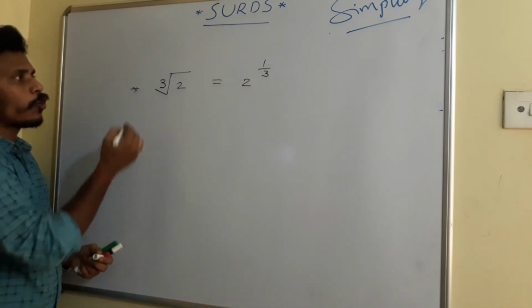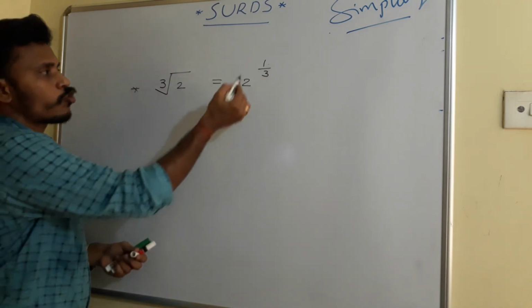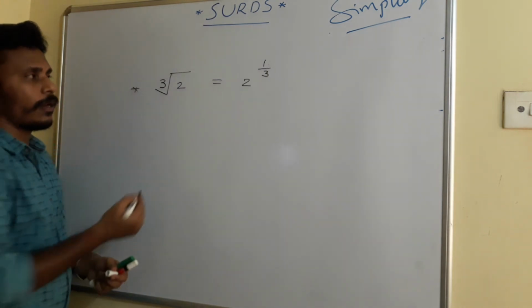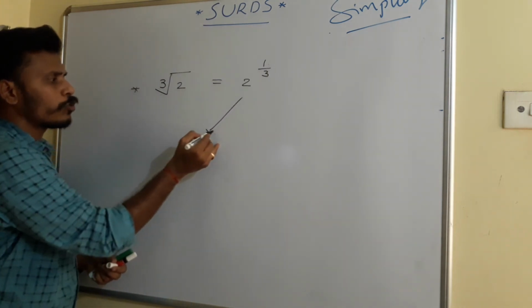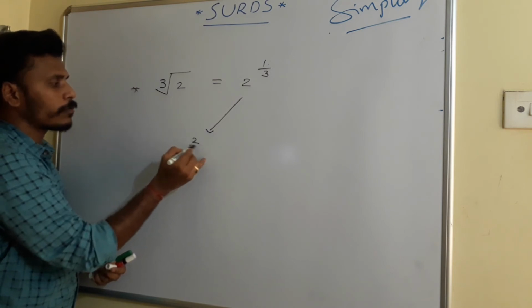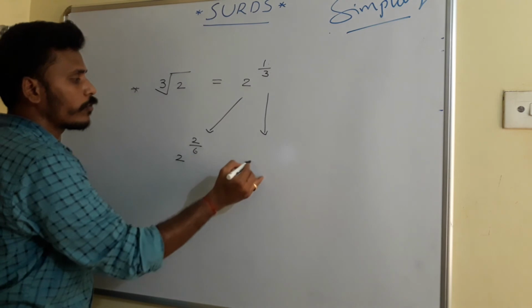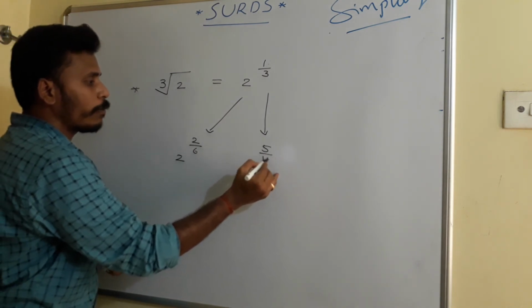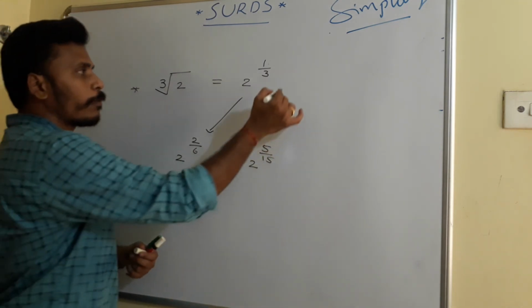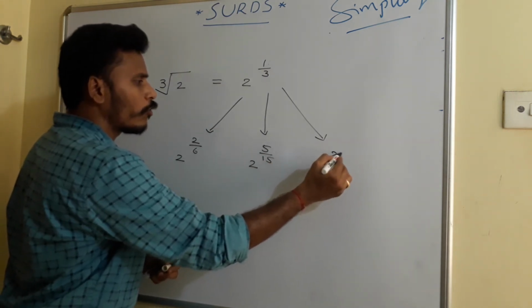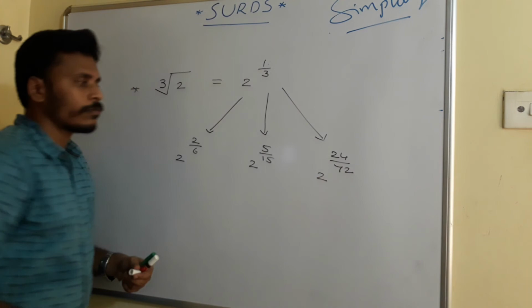See what I have? Cube root of 2. Now this is 2 power 1 by 3. Now I am going to multiply these two numbers with some other number. Suppose if you multiply with 2, it becomes 2 power 2 by 6. Or if you multiply these two numbers with 5, you may write it like 5 by 15. Or if you multiply this with maybe 24, 24 by 72.